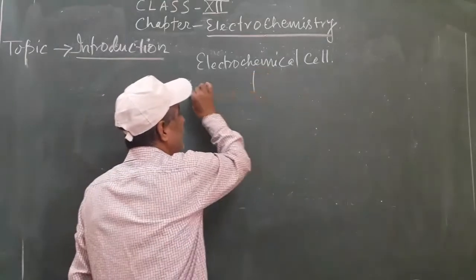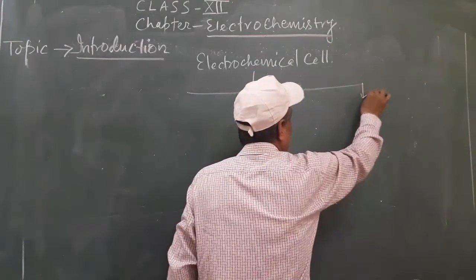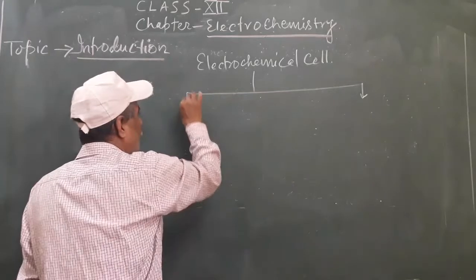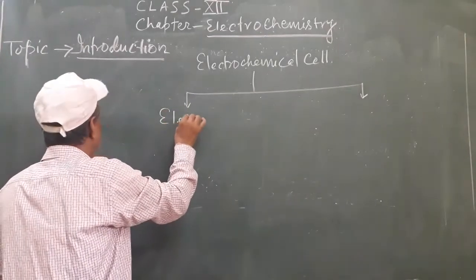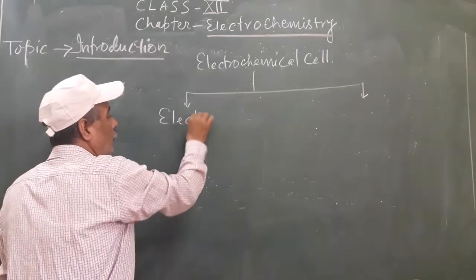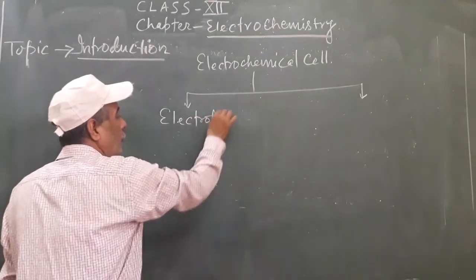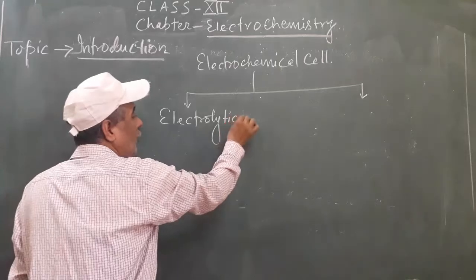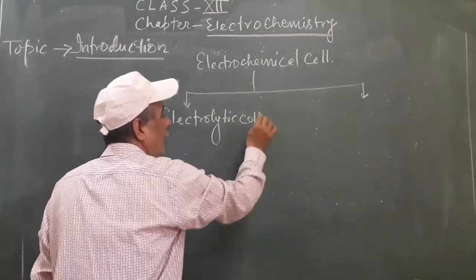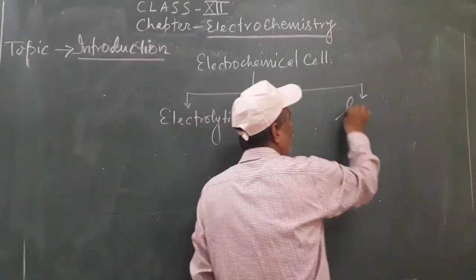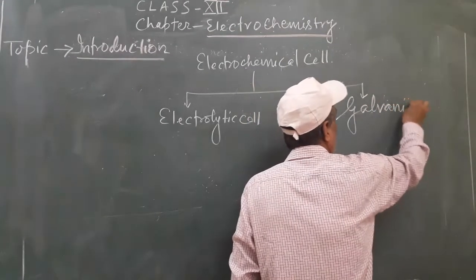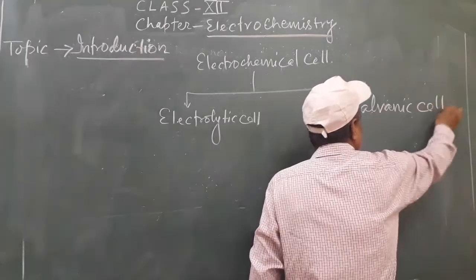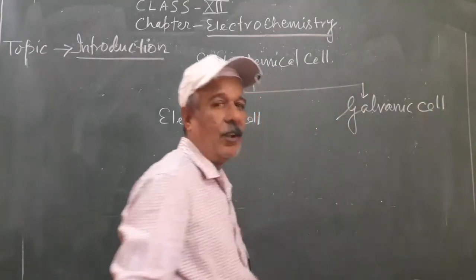This electrochemical cell is of the type, one is called electrolytic cell and the other is called galvanic cell.